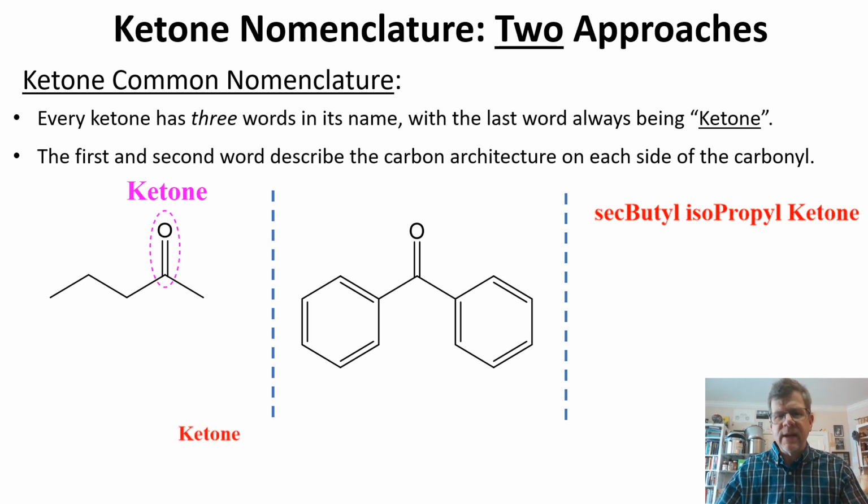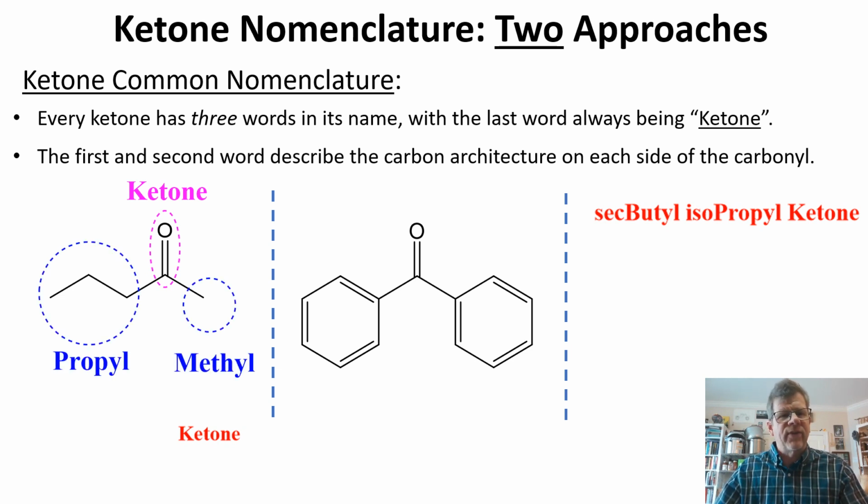So I'm going to put the word ketone in the name. And what do we have on either side? Well, here we have a 3-carbon structure on one side and a 1-carbon alkyl group on the other side. So one would be a propyl, one would be a methyl. So this would be propyl methyl ketone.